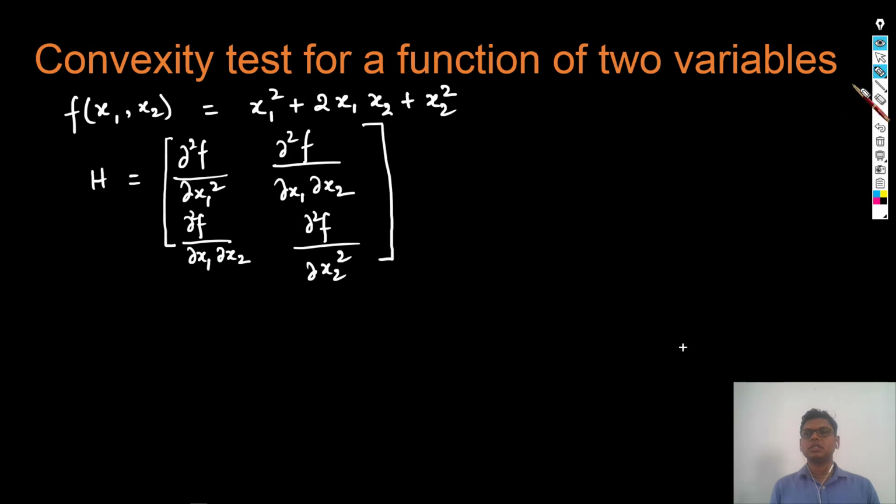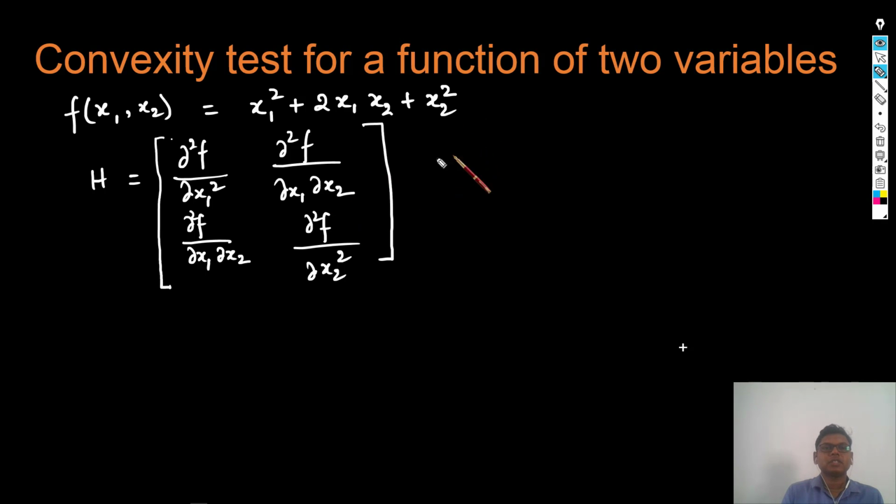So this is a Hessian matrix. We need this Hessian matrix to determine the convexity test. So let's start calculating all the terms.